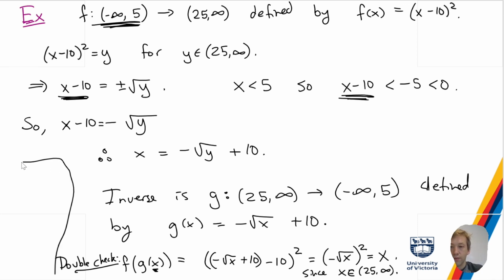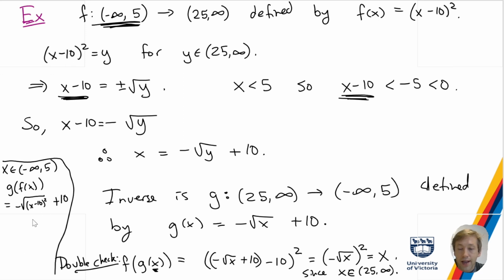So maybe to double check that, so let x be in negative infinity to 5. If I take g of f of x, that's negative square root. So I've got a plus 10 here. And I'm supposed to plug in f of x here. So (x minus 10) squared.